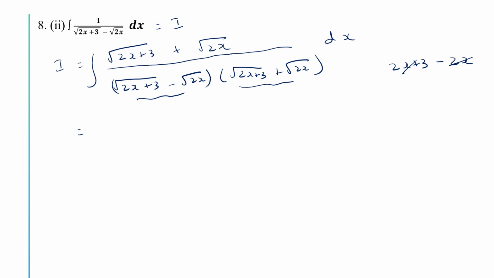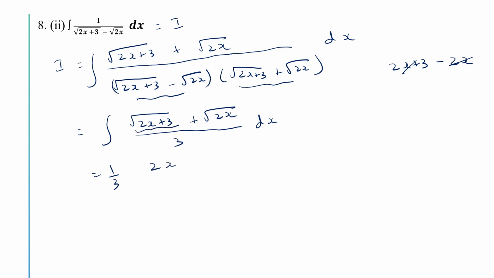So this is equal to integral root of 2x plus 3 plus root of 2x divided by 3 into dx. So this is equal to 1 by 3 into, let us integrate this first. If we integrate this, we get (2x plus 3) the whole raised to 3 by 2 divided by 2 into 3 by 2, because the coefficient of x is 2, so we have to divide by 2.